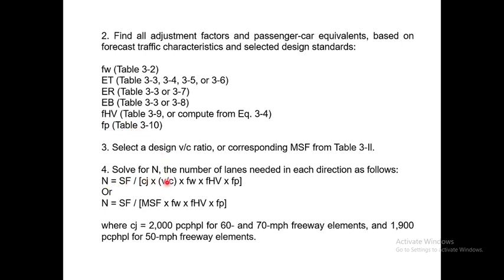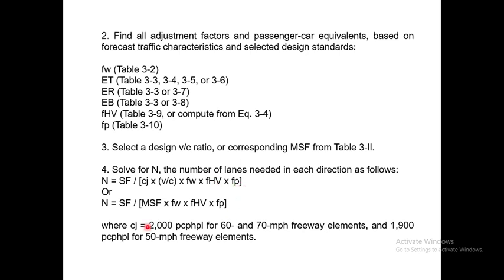This is exactly the previous equation, but here we have to use N. So for finding N, N is equal to service flow divided by Cj multiplied by V over C multiplied by FW multiplied by the factor for heavy vehicles and the factor for population.